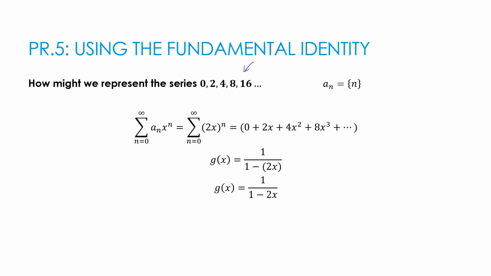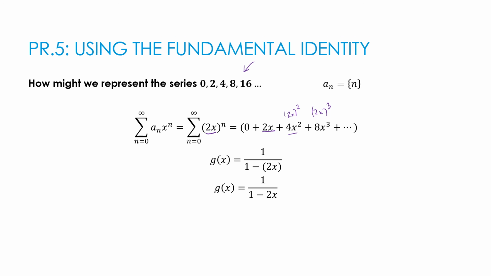So again, I'm looking for a sub n x to the n. I'm replacing it with 2x because essentially if I replace it with 2x, that would be 2x and then 2x quantity squared, which would be 4x squared, and then 2x quantity cubed, which would be 8x cubed. So you get the idea.